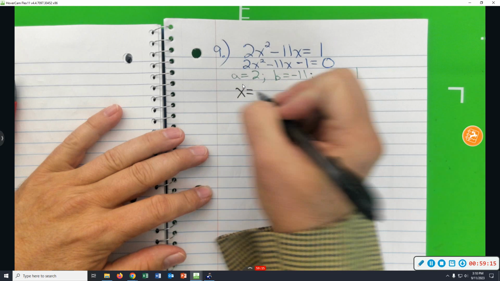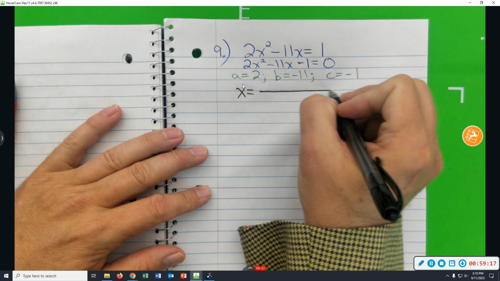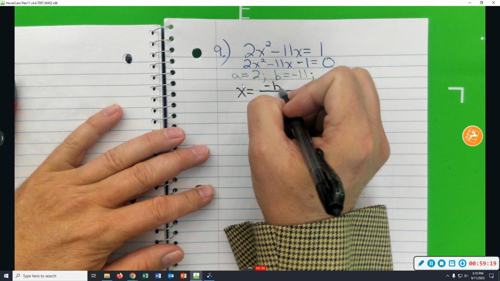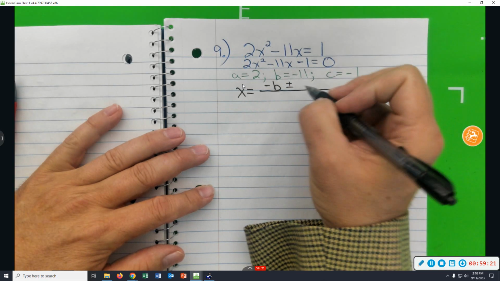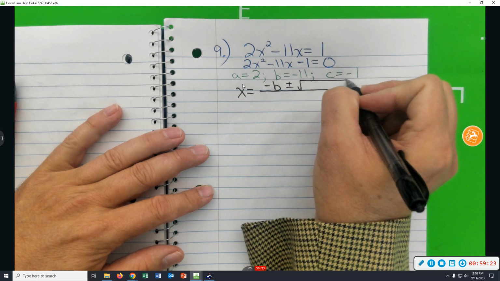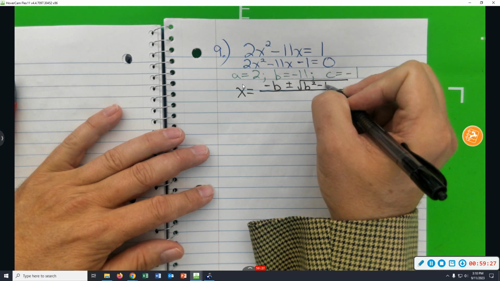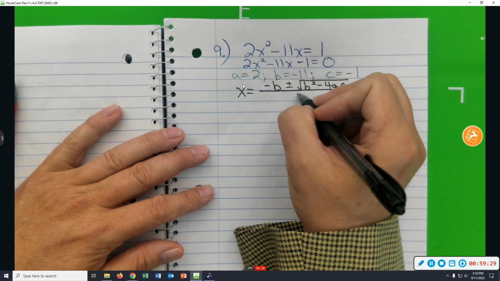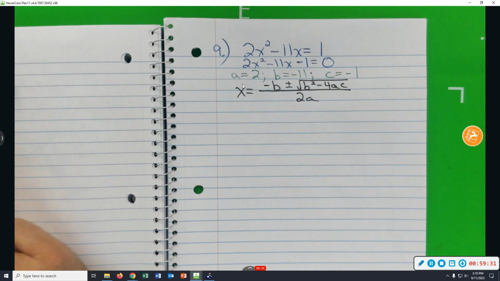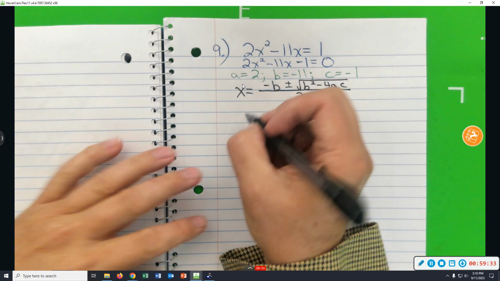I told them we'd rewrite it every time, and by the time class is over, they'll already know negative b plus or minus and 2a for the bottom. They just have to remember the square root of b squared minus 4ac on top.